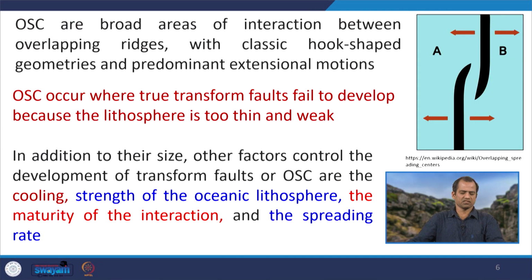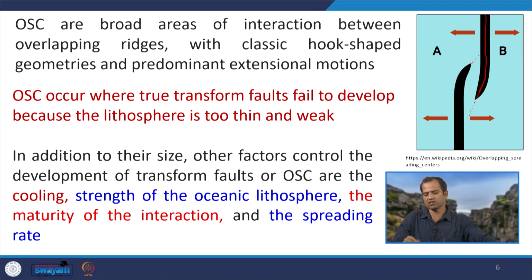Overlapping spreading centers are broad areas of interaction between overlapping ridges, with classic hook-shaped geometries and predominantly extensional motions. Here this is the spreading center and it is spreading, gradually moving in this way, and this one gradually moving in this way.